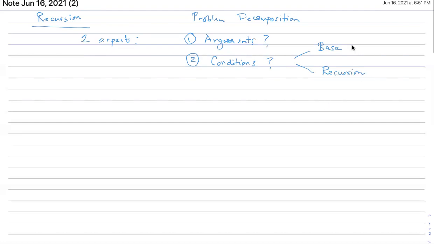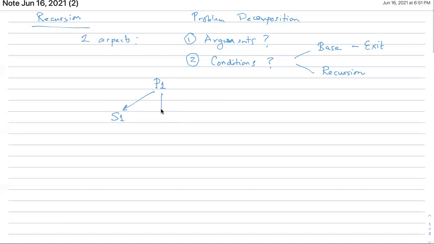So base is typically the circumstance under which you are exiting out of recursion, and the recursion condition is the one under which you are trapped within the recursion. How it would look is that if you have a problem P1, that problem, as I said, is broken down into solutions to its subproblems. So let's say subproblem 1 gets solved through S1.